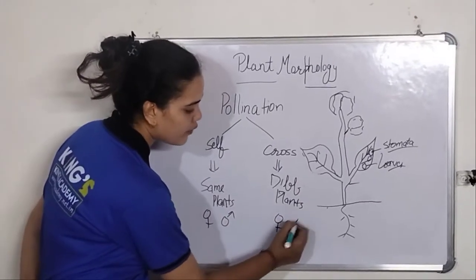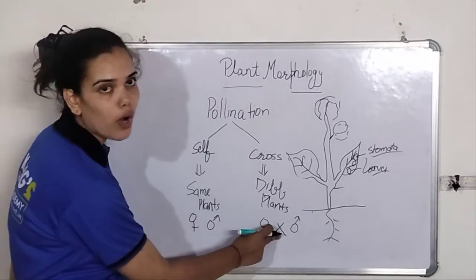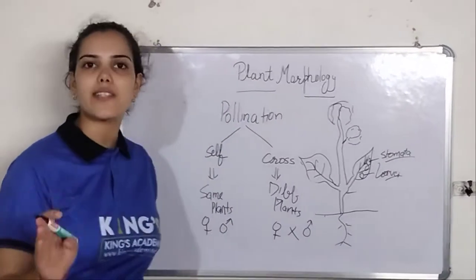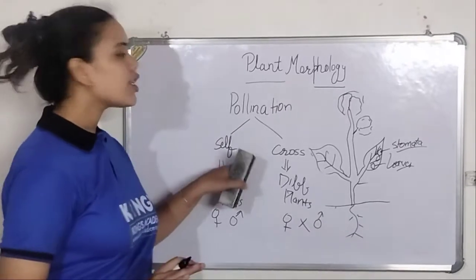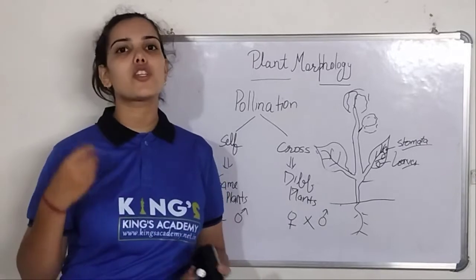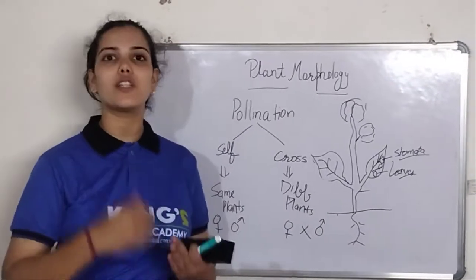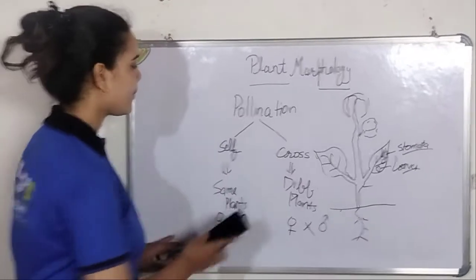In cross-pollination, male and female are not present on the same plant. This pollination also requires a medium, which means that pollen travels through wind, animals, or water, right?